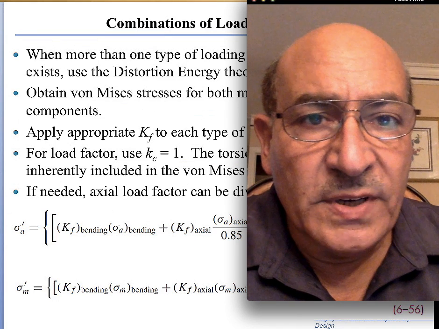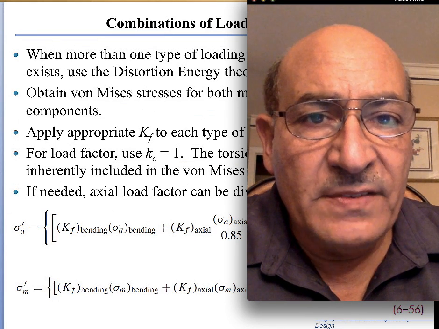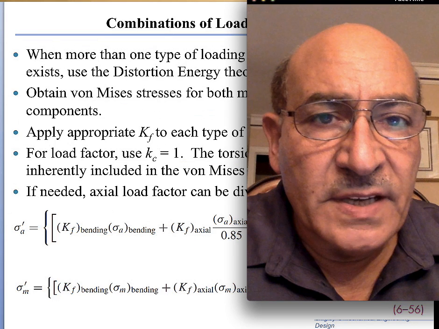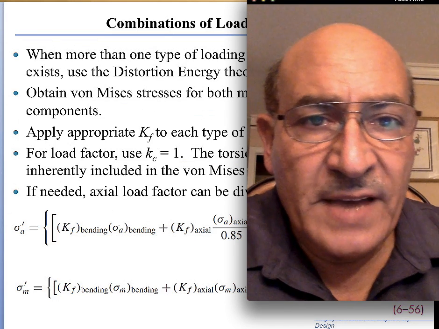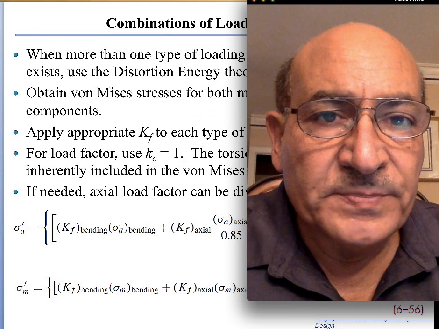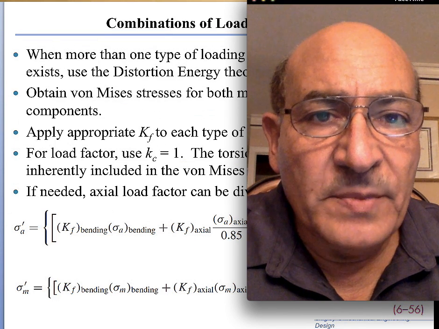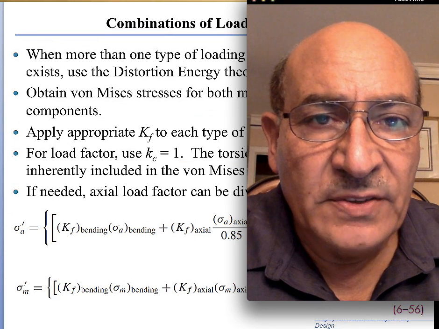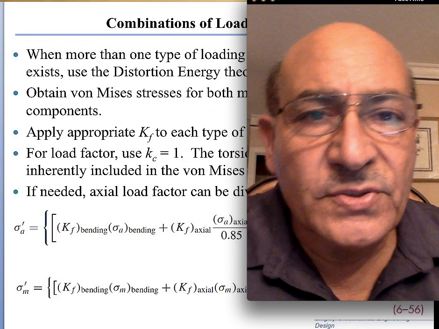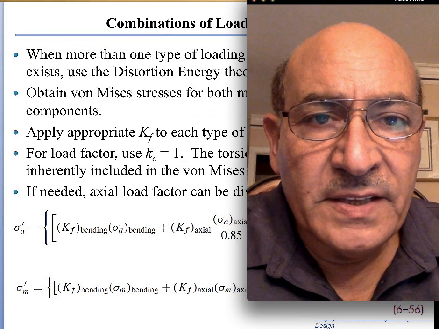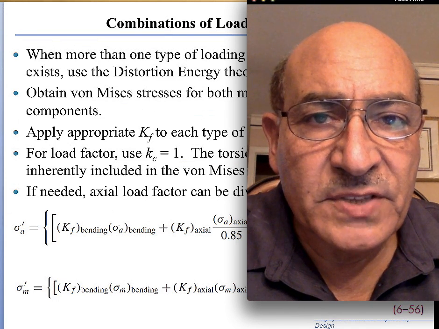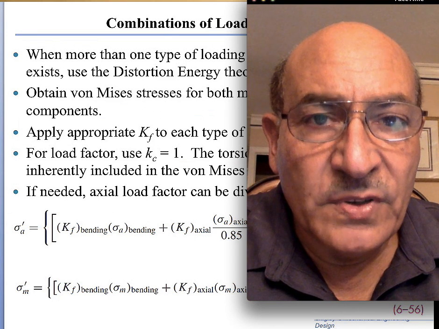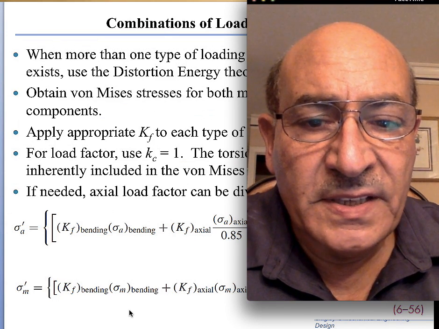In each one of those cases, we may have a shaft that would have, say, shoulders, and the shoulders will have fillets that would amplify the nominal stress applied on the shaft. So we must also include the stress concentration factors for each type of loading, as we'll see here.